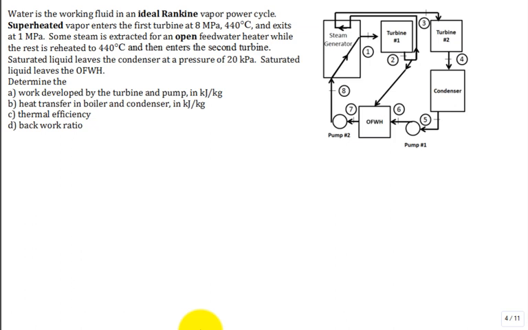So here's a problem, and you need to take these types of problems, you just need to work them. I think I started talking about this problem last time. I like to stay with a certain high pressure, 8 megapascal, which I've been using for a couple of lectures now. Let's superheat it up to 440. Then we have to pick an intermediate pressure.